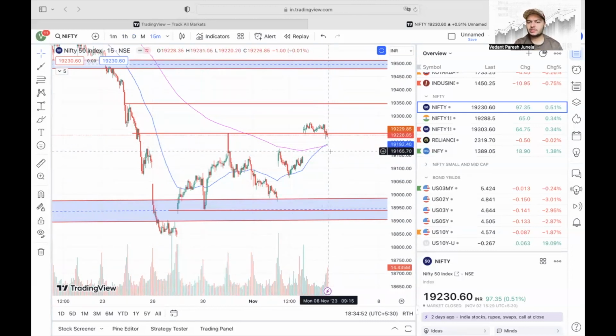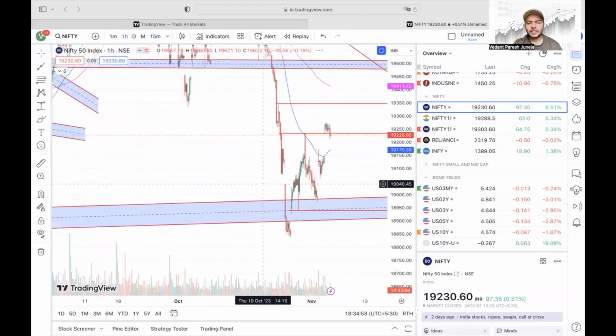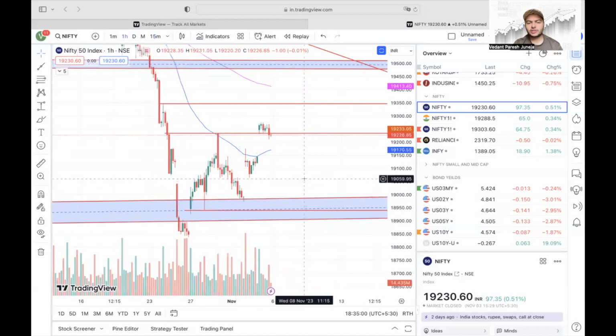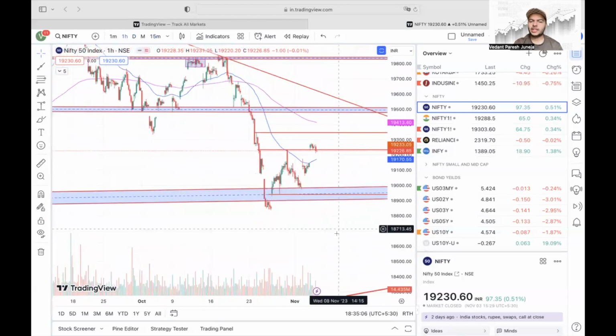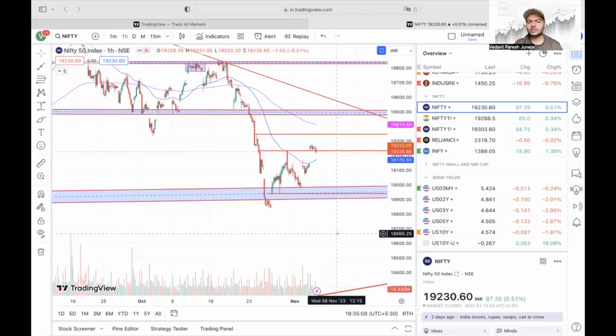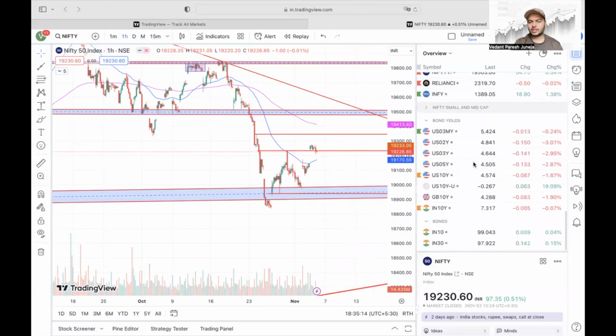So this is my cutoff for longs as we are opening gap up tomorrow. If not, a little bit of a conservative stop loss can be at 19,179 for the downside. But yeah, I'm not aggressively bullish on the market. I just have some key levels here which I'll be playing along with. That's all I want to say.